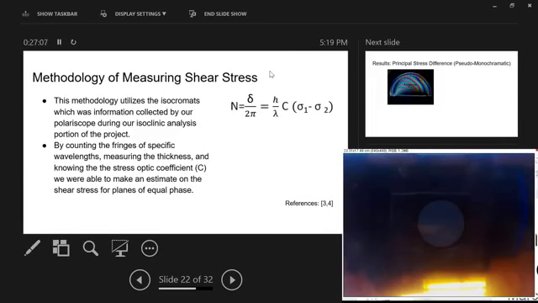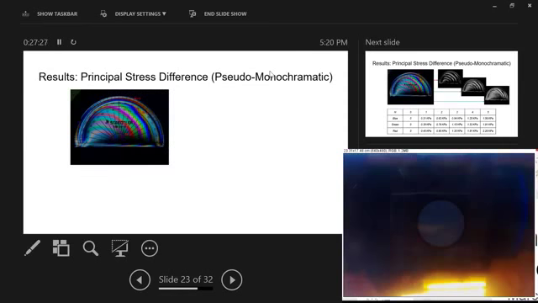So the number that we utilized for our measurements was the value for polycarbonates, mostly because we were able to find a pure polycarbonate sheet that we used, that we will show you in just a few minutes here. So we did this through a couple of methods.